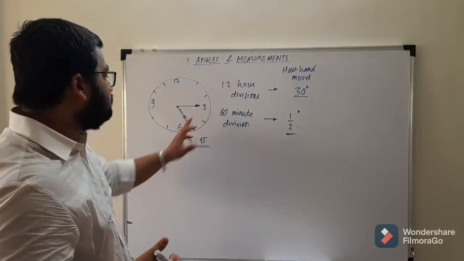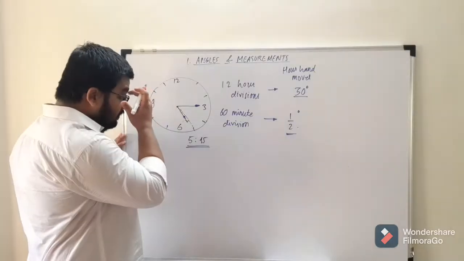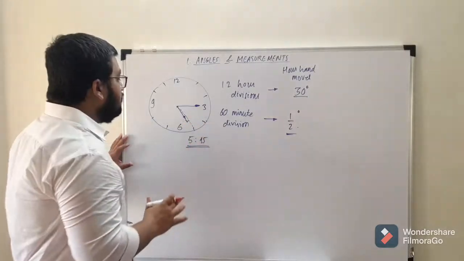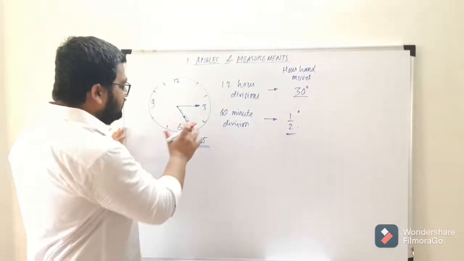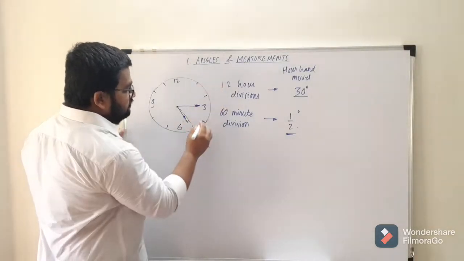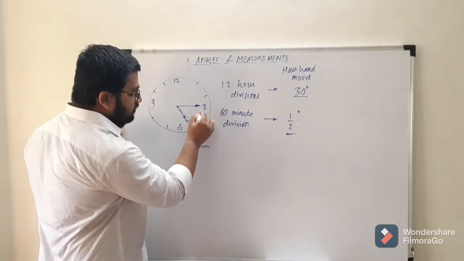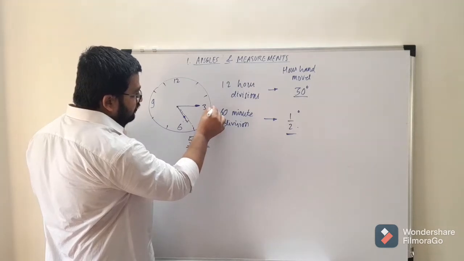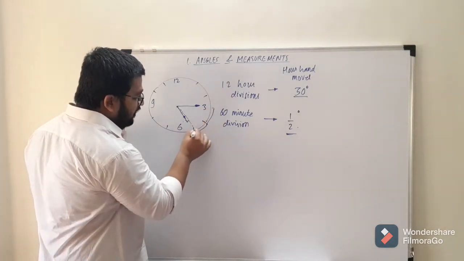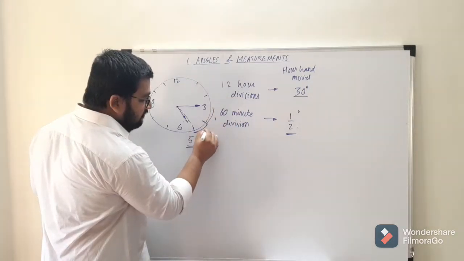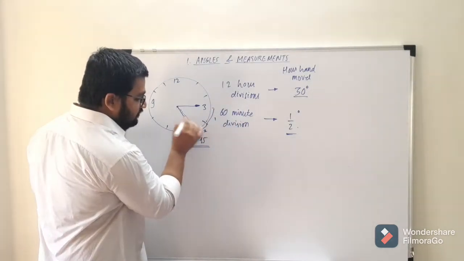So how will we calculate this? While calculating the angle at 5:15, what we have to do is first measure the hour divisions. How many hour divisions are there? Here are 2 complete divisions: 3 to 4 is the first, 4 to 5 is the second, and slightly more is there.